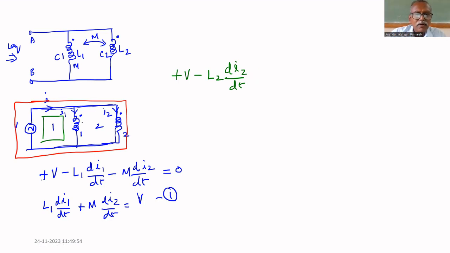Then the mutual inductance is M. The dot convention says the same direction, so that is also M di1 by dt. Why di1? Because the flux linked with the second coil is because of the current in the first coil.